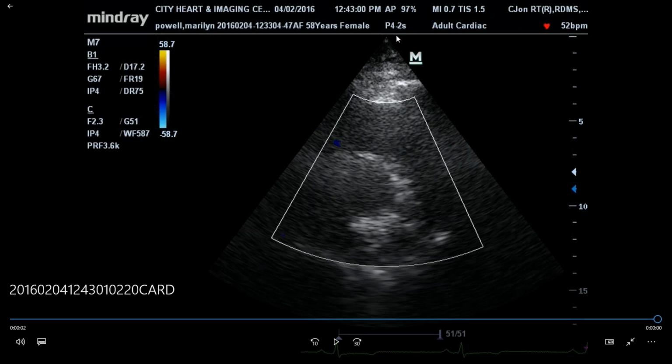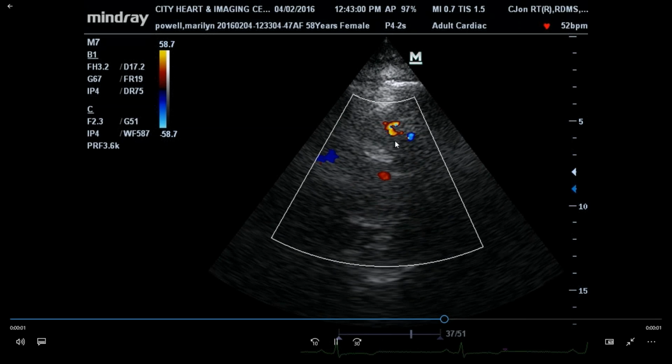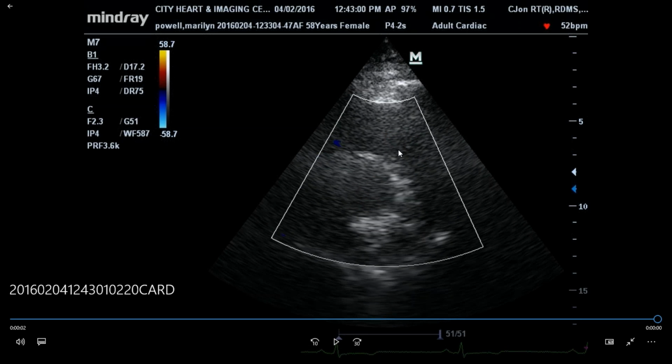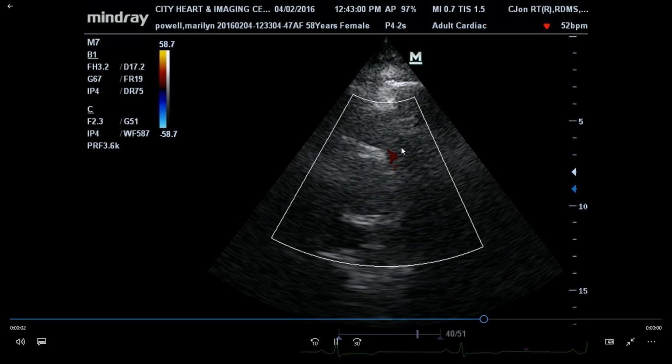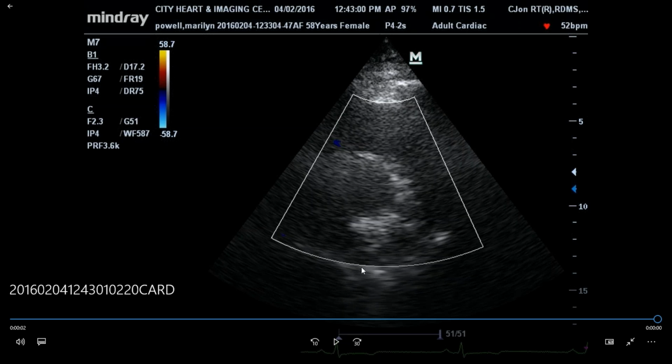So it is a flow towards the transducer. If you look closer, there's a little reddish jet. Red is flow towards the transducer. So it suggests that there is flow from the pulmonary trunk across the pulmonary valve into the right ventricular outflow tract. So it's pulmonic insufficiency, or pulmonary regurgitation.